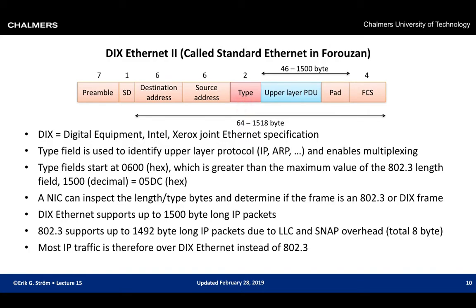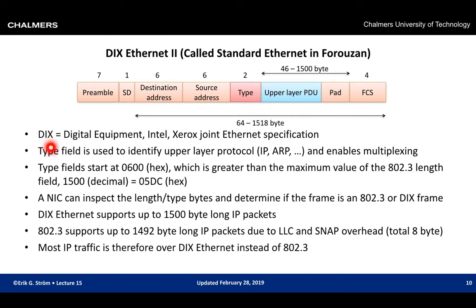Okay, so for DIX Ethernet, the upper layer is not LLC. It could be something else, or it supports many protocols. I guess it could be LLC, but it could be also other things. So the upper layer PDU here, which upper layer it is, is identified by this type field. Okay.